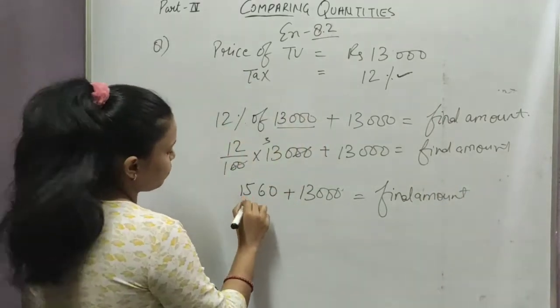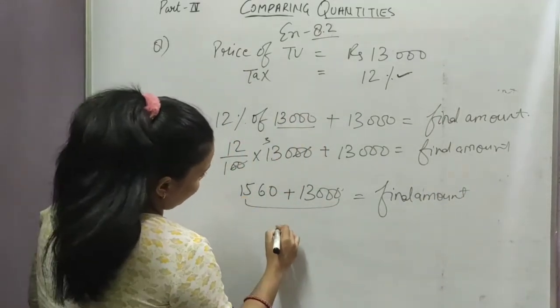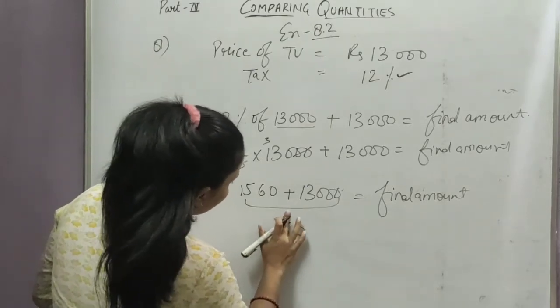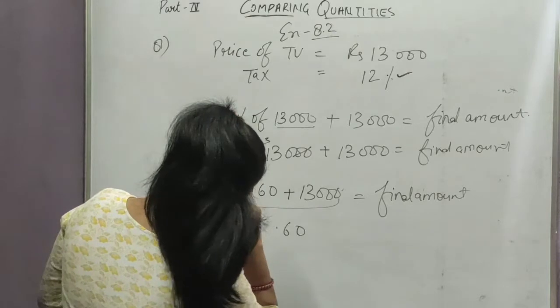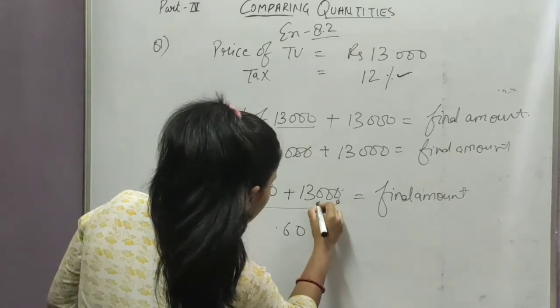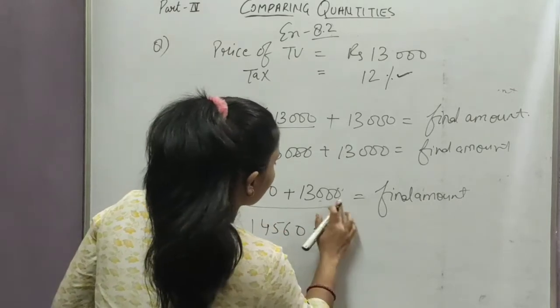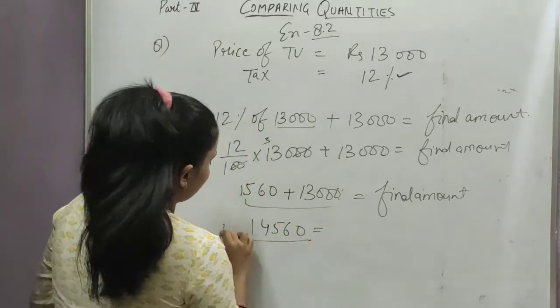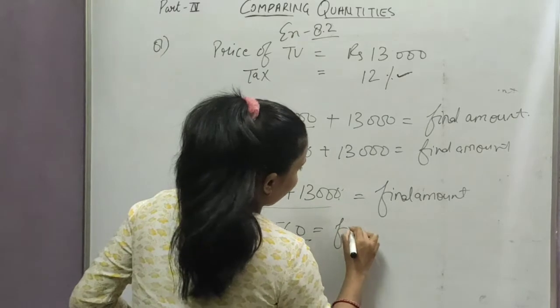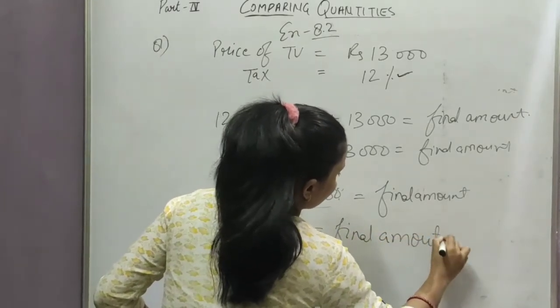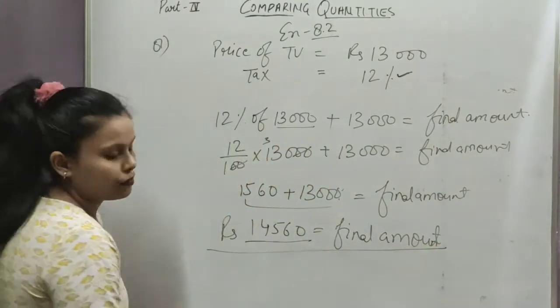Now add these. We will get 14,560. So this will be the amount which Vinod has to pay to the shopkeeper if he buys the TV.